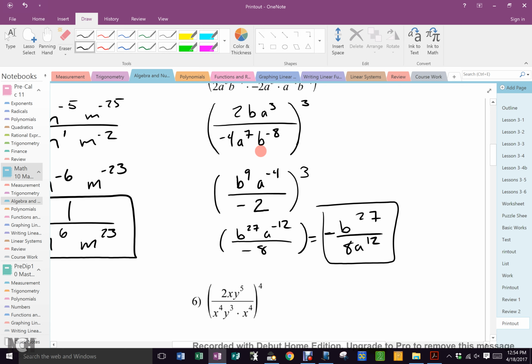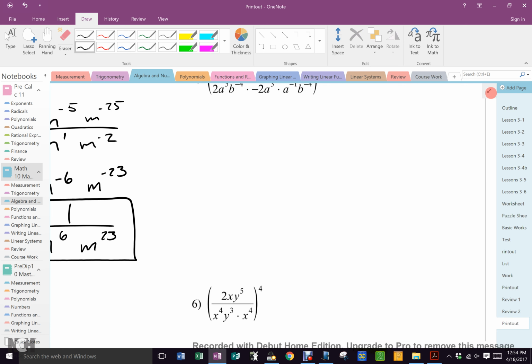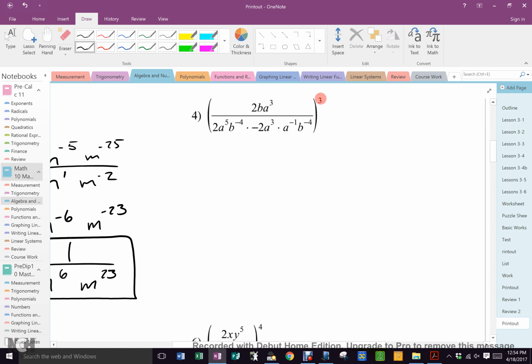Now, can we do this the way Jacob wanted to do it? Sure we can. He just did something a little different. He brought this 3 into everything, yeah? So it came here. That made that 8 B to the 3 A to the 9, right?